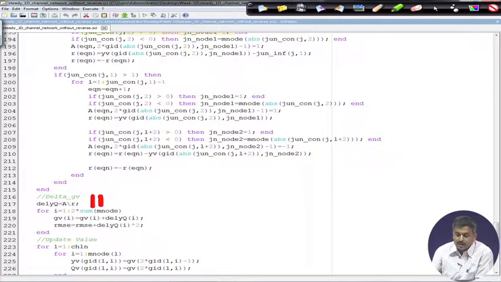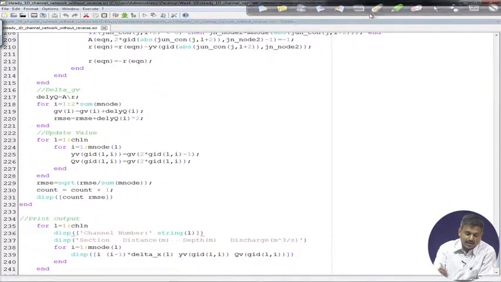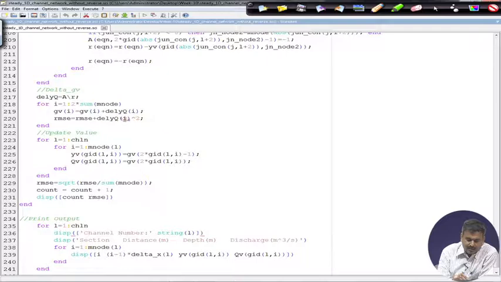Finally we can calculate this delta YQ. After calculation of this delta YQ, we can update GV value, and simultaneously we can also calculate this RMSE value. After calculation of GV, again we need to transfer these values directly to YV and QV, because during calculation we are directly utilizing this YV and QV.